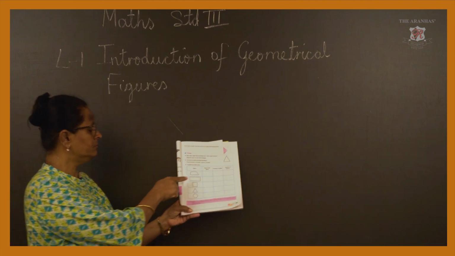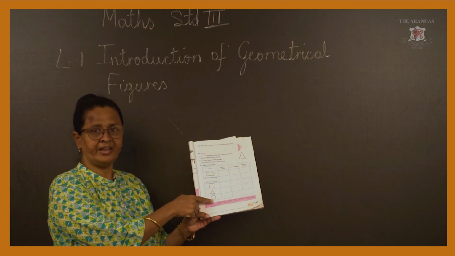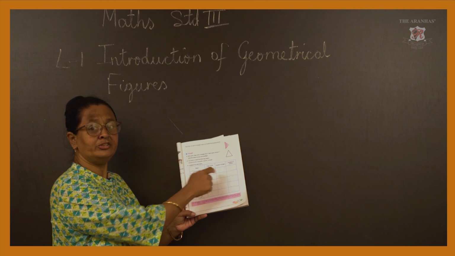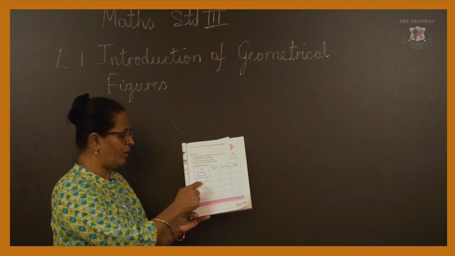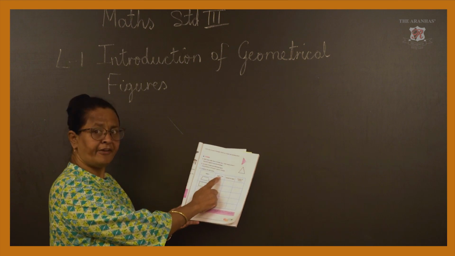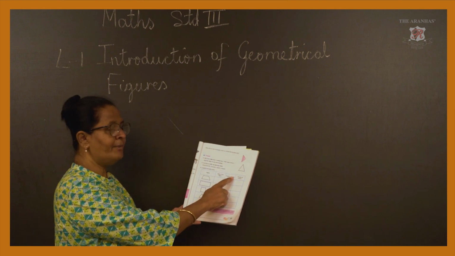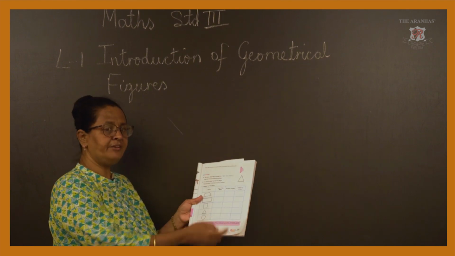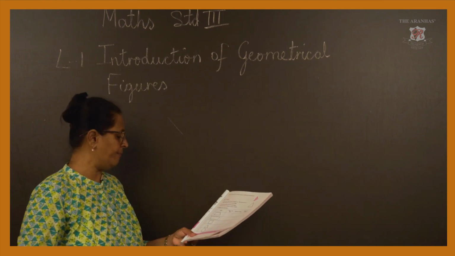Here they have given you different figures, okay, and they have given you different columns in which they want some information about the particular figure, okay, like name of the figure, number of edges and number of corners. This is the information that is required by them, okay.